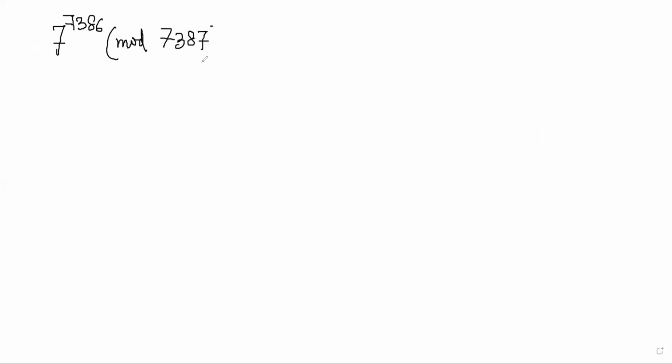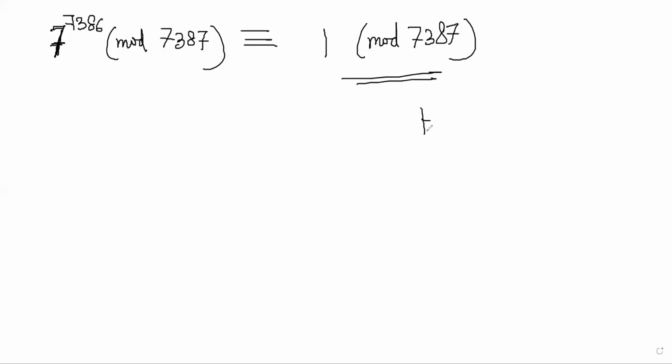If this comes out to be 1 mod 7387, then by Fermat's theorem, 7387 should be prime, right? One second, we have to confirm whether it is the converse of Fermat's theorem or not. Actually, it is the converse, so that is not true. We cannot conclude like that.